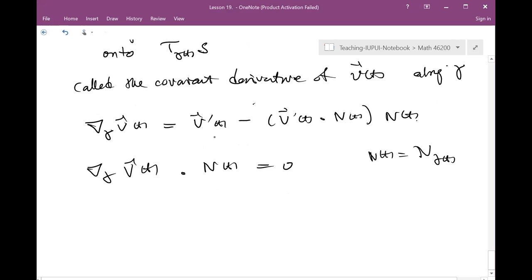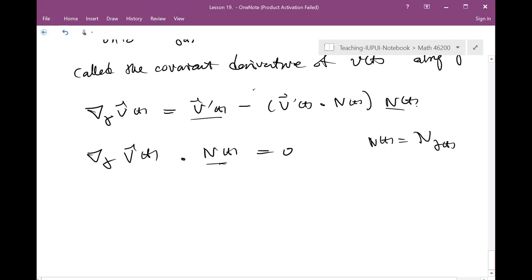So the dot product with this is going to be 1, and that's why the answer is 0. So anyway, this is indeed a tangent vector. This is how we find the projection onto the plane perpendicular to the given vector.